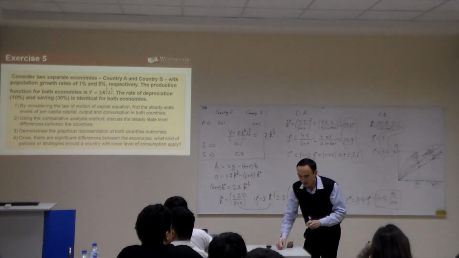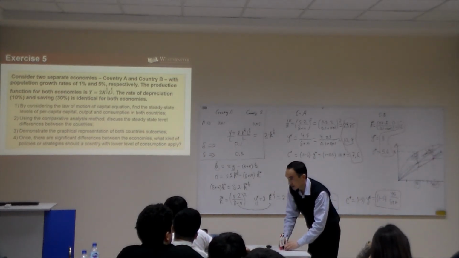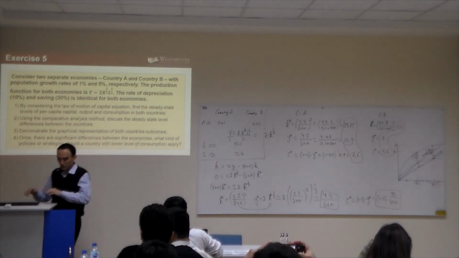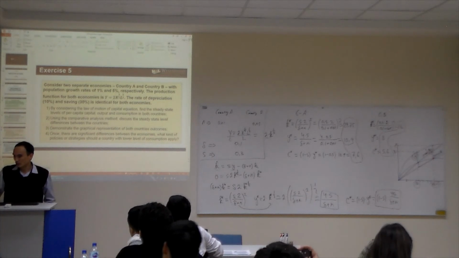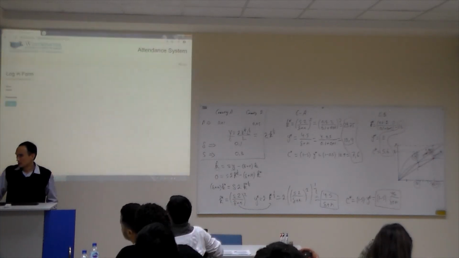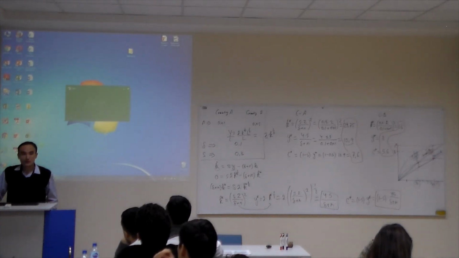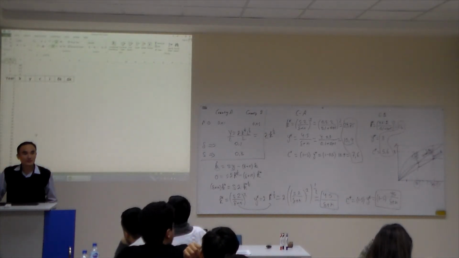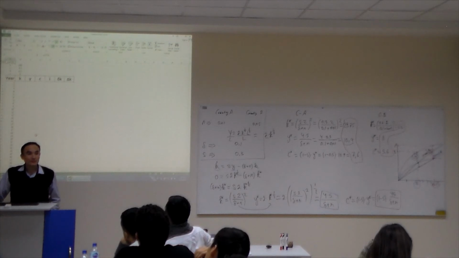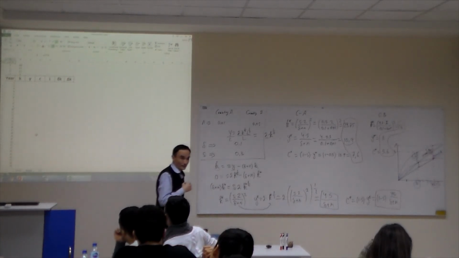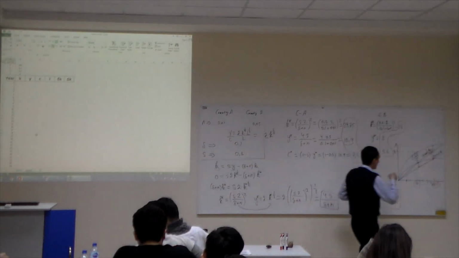So, let me show it in Excel, the exercise 3 and exercise 4, which will give you more thoughts. But the consumption as a whole stays the same? If not taking per capita, but the total consumption amount, it's staying the same for both countries, is it? This is per capita.